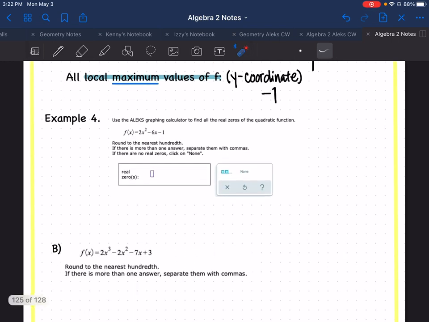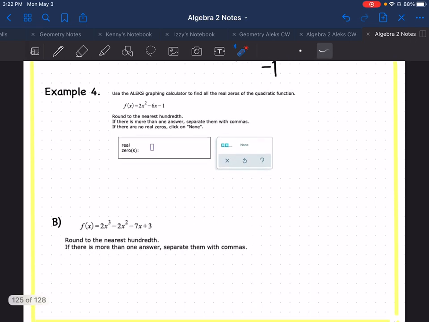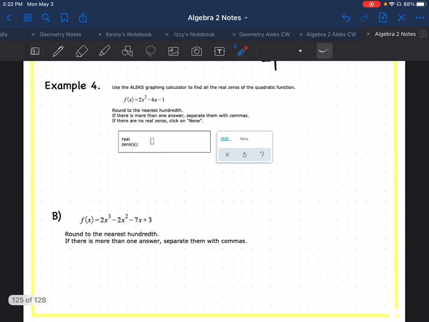All right, example 4 is going to ask us to use the Alx graphing calculator. Now, instead of using the Alx graphing calculator, I'm going to go ahead and use the Desmos graphing calculator. And it's going to ask us to find the real zeros of a quadratic function. And then it's going to come down here and ask us to find the real zeros of a cubic, okay?